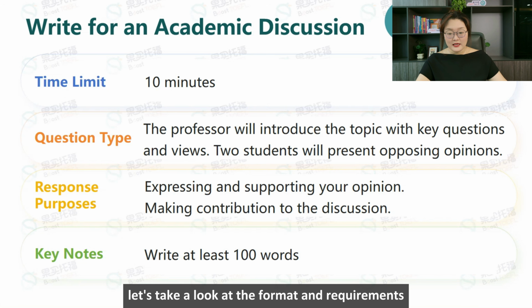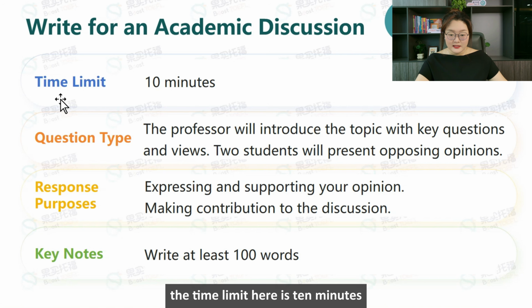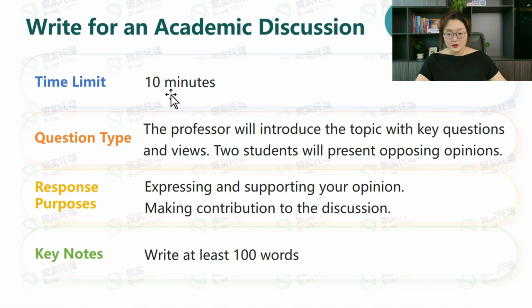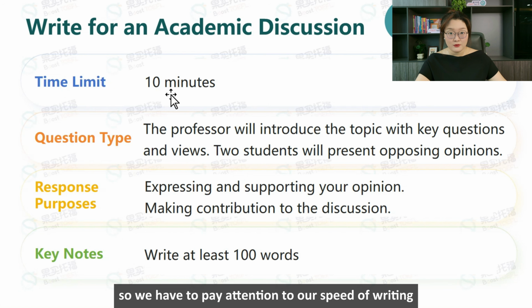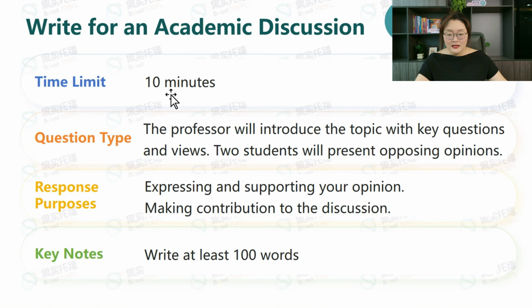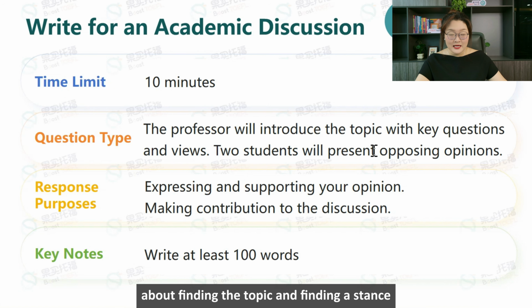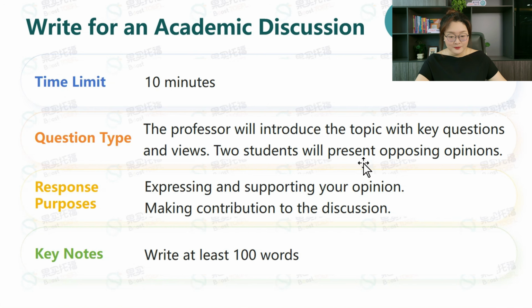Alright, first let's take a look at the format and requirements. The time limit here is 10 minutes. Which means we have to analyze, write, and refine within a relatively short period of time. So we have to pay attention to our speed of writing. And then this writing for an academic discussion is all about finding the topic and finding a stance.